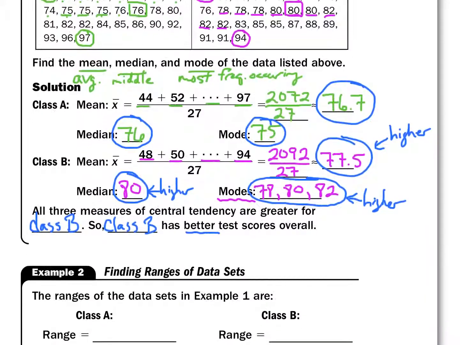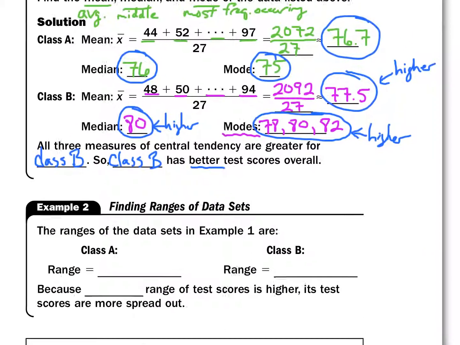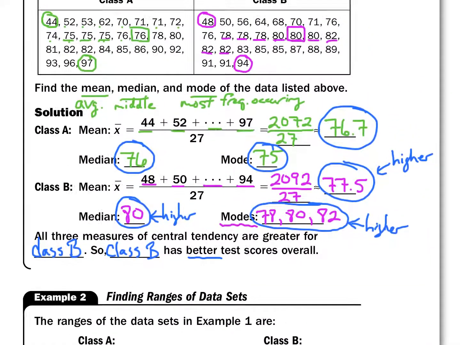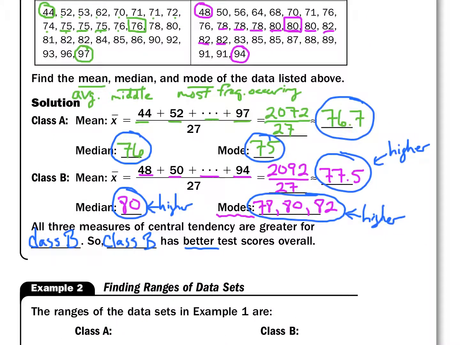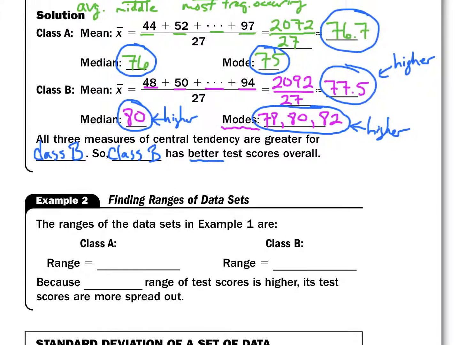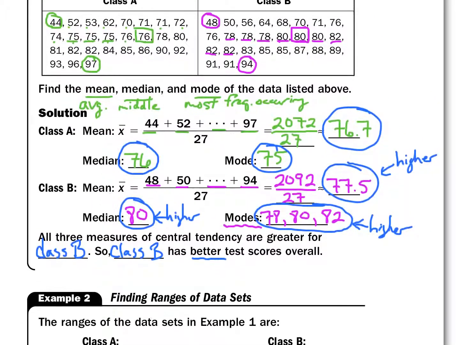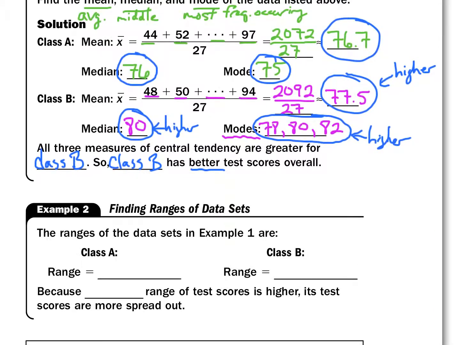Now, the next thing that we're going to talk about is finding the range of the data sets. Okay, so for the range, we need to know the maximum and the minimum, because all it is is subtracting the minimum from the maximum. So that means that my range for Class A is 97 minus 44, which is 53.